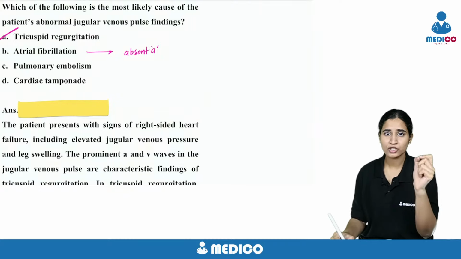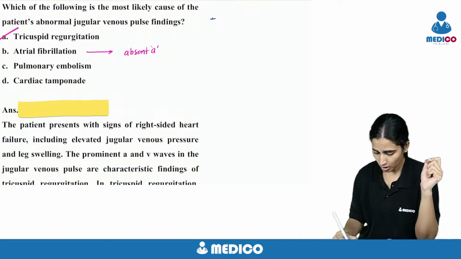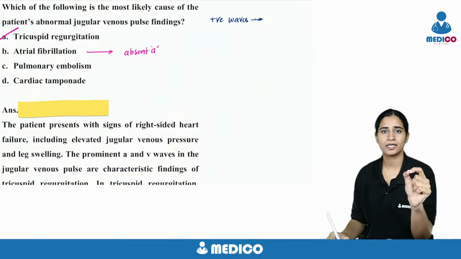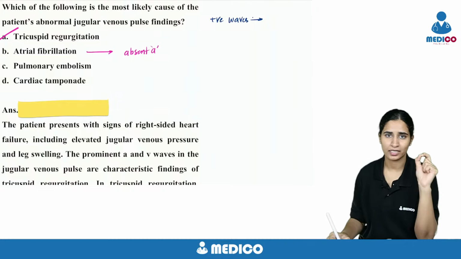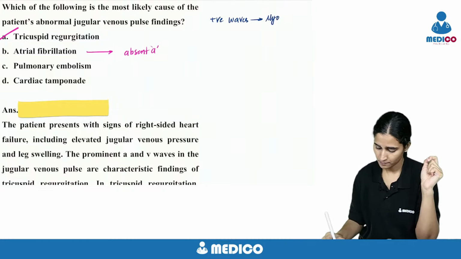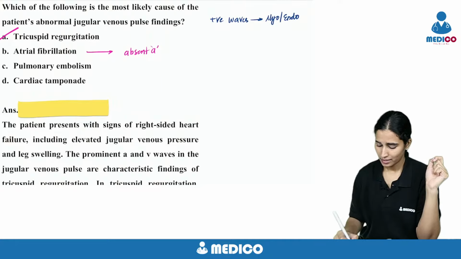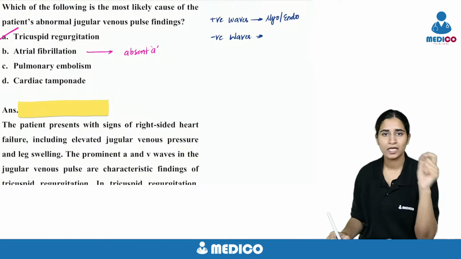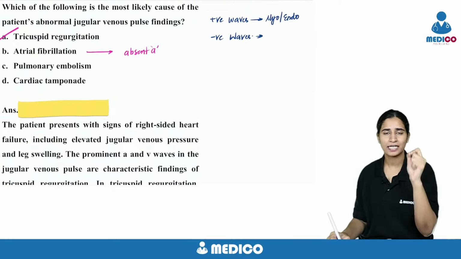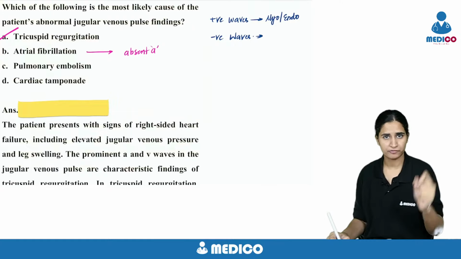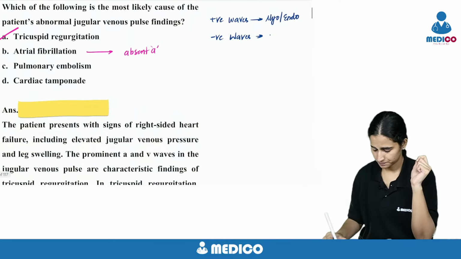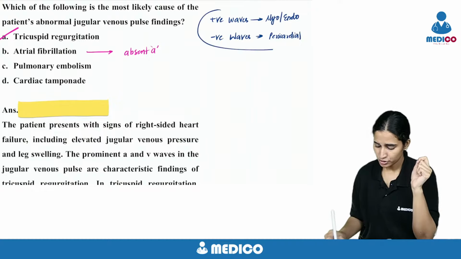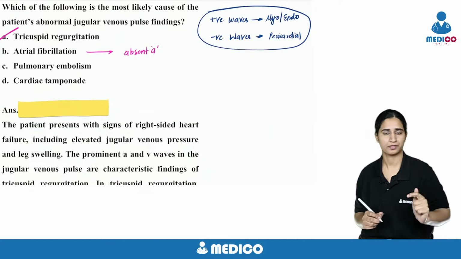So a simple cheat code here is: prominent positive waves, he is speaking about some myocardial or endocardial disorder. And anything about negative waves, that is about pericardial disorder. It can be cardiac tamponade or constrictive pericarditis, anything. So this is a simple cheat code you can remember.